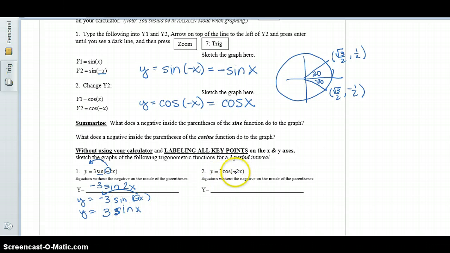So this one, it's a cosine function, so you can completely ignore the fact that the negative is even in the parentheses. So that would be equivalent to 3 cosine 2x. Similarly, if you had negative 3 cosine negative 2x, you can just ignore that the negative was even in there, and so that's just going to be equal to negative 3 cosine of 2x. Okay, so the negative that was out in front stays out in front, and the one in the middle just goes away.